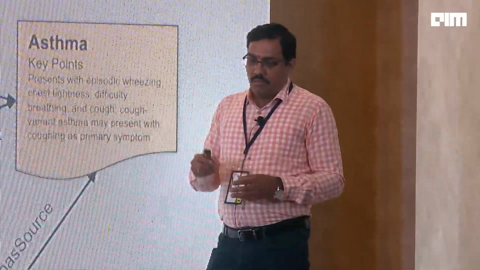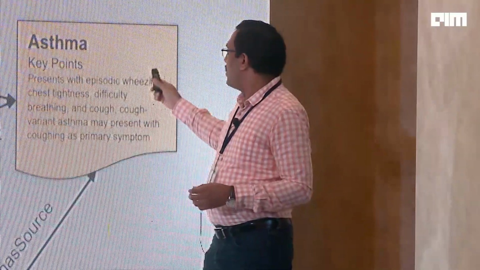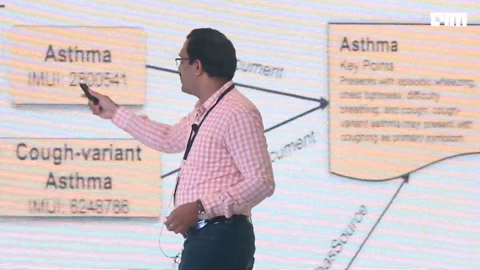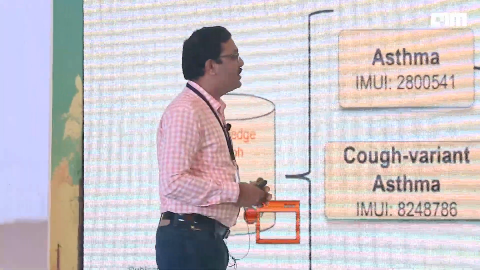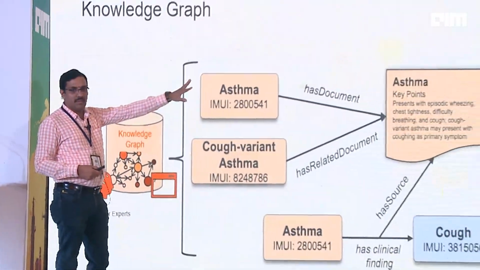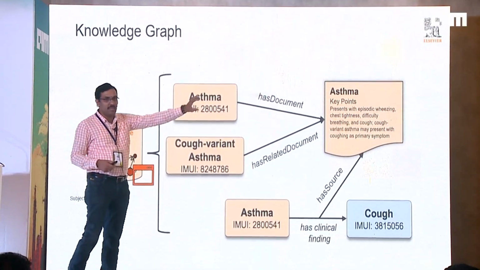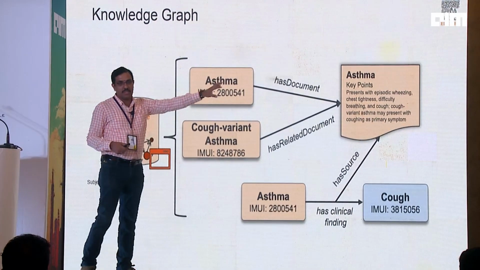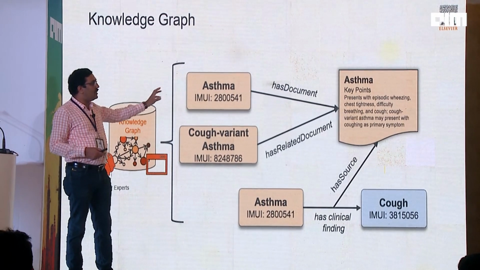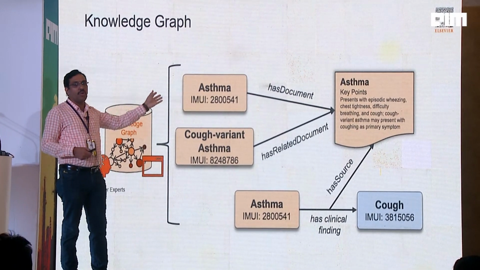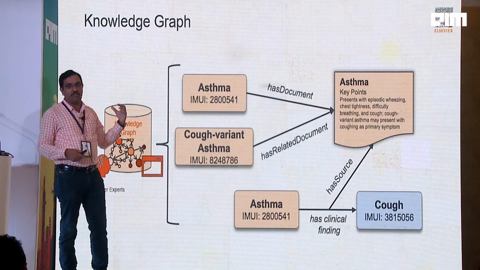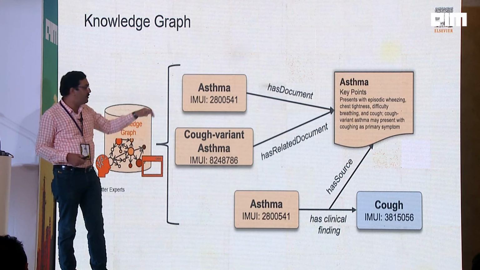Because this document talks about asthma, we know that this is the concept asthma, and this is the unique ID 2800541, and asthma has a specific document. We have the unique ID of the document which says that this medical concept is mentioned in such and such documents. If you want to go back and identify the source from where we extracted this information, we have that recorded in the knowledge graph.